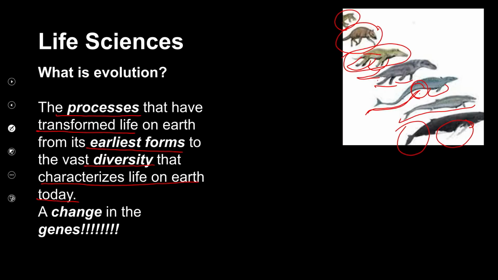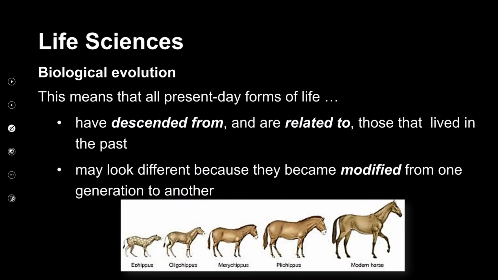So what we see in the transformation, which is very important, is a change in the genes. We're going to have a look at what we now call biological evidence. And as I said earlier, bio means living, so we're looking at the evolution of living organisms.